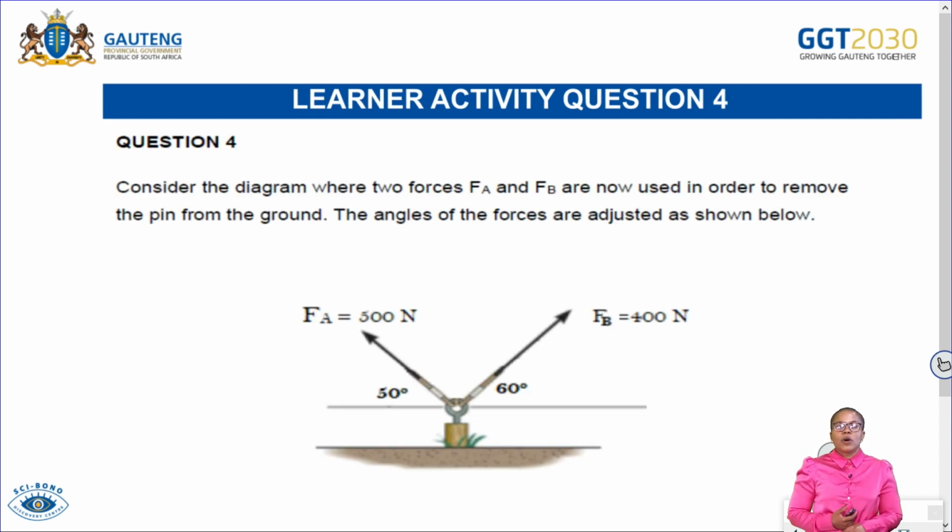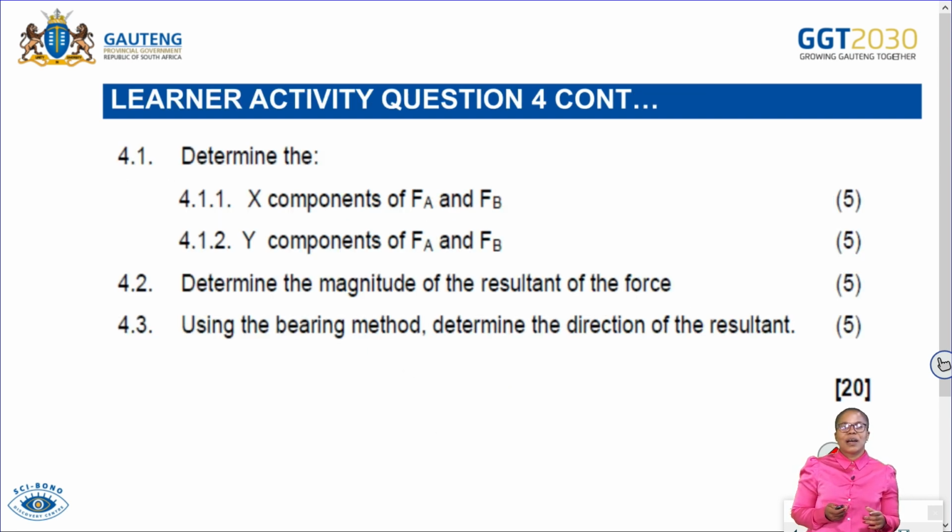Okay, question number 4. Consider the diagram where two forces FA and FB are now used in order to remove the pin from the ground. The angles of the forces are adjusted as shown below. So you've got your FA now, and then you've got your FB, and they are bearing 50 degrees and then 60 degrees. I have a good feeling this is about to get fun.